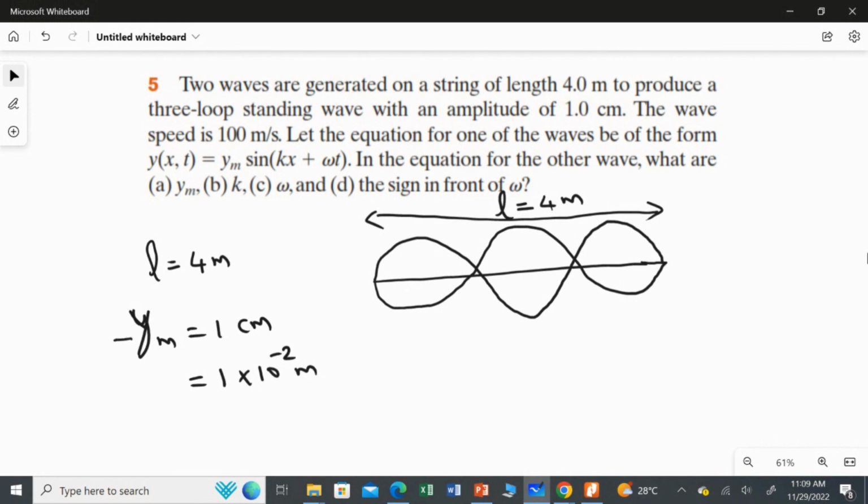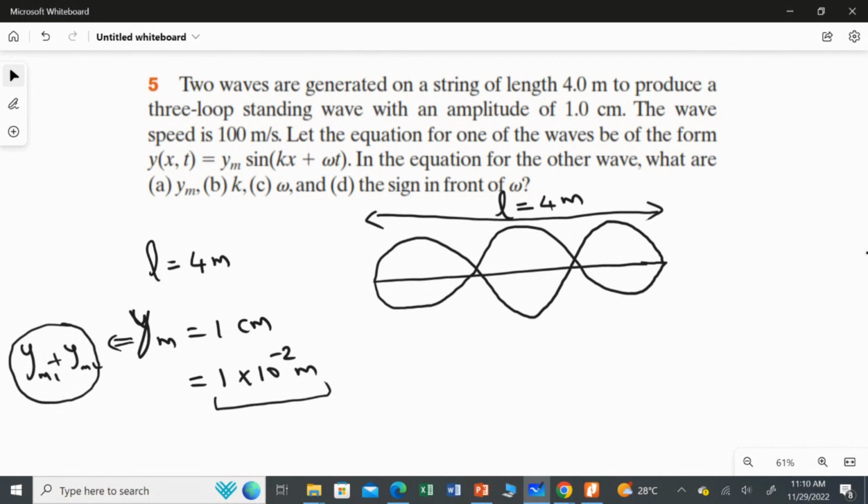And this is the combination of Ym1 plus Ym2. What are Ym1 and Ym2? This is the amplitude of the first wave, and this is the amplitude of the second wave. They join together to form one big amplitude, which is 1 centimeter. Clear? So if you want to find the amplitude of one of the waves, that will be half of this number. So you have to read the questions very carefully.